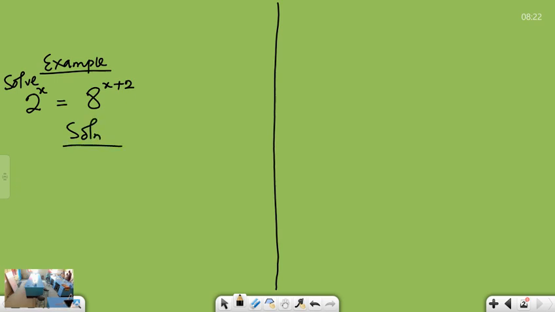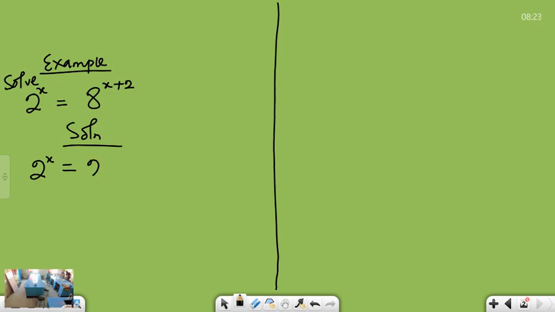Our target is to have the two sides of the equation have the same base. So if we have 2 raised to power x here, what do we raise the base to that will give us 8? We all know that 2 raised to power 1 is 2, 2 raised to power 2 is 4, and 2 raised to power 3 is 8.